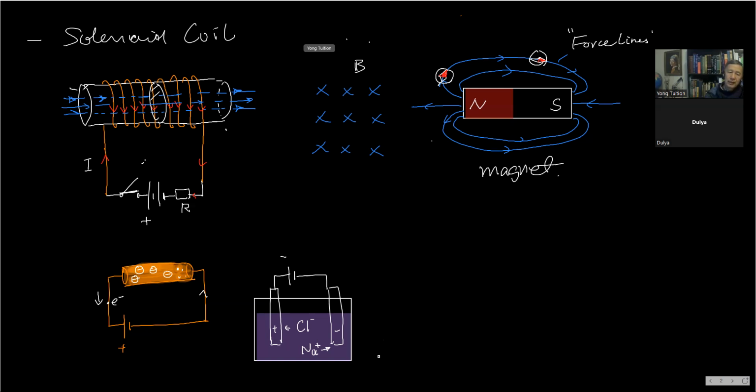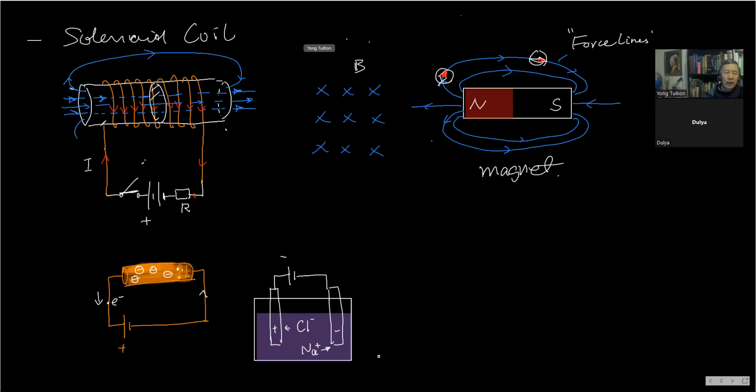Therefore, we can argue that if we continue that diagram, you will see a similar distribution, from north to south. That's not out; not the opposite. It comes in.